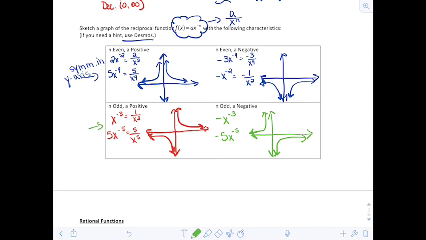And so in the bottom, when n is odd, these have symmetry in the origin. Okay, so that takes us through reciprocal functions.